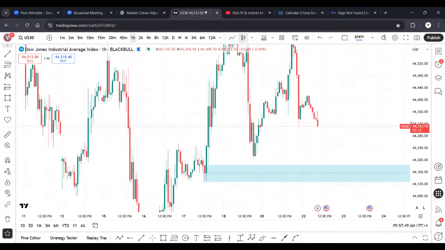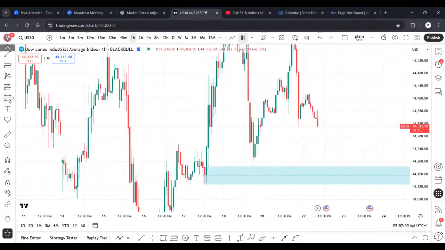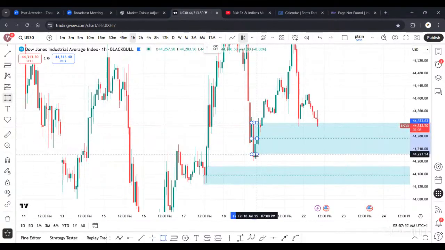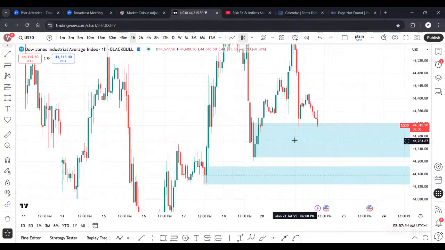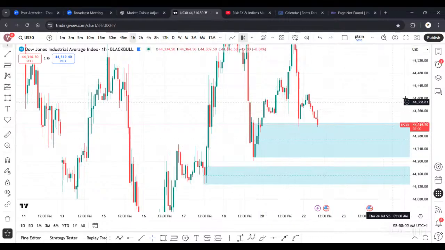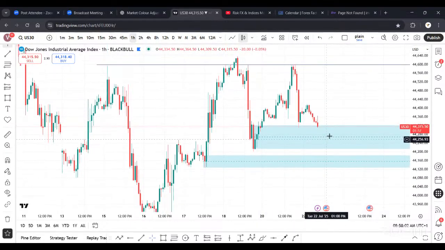I will be watching out for this, and even this entire zone, right? If for any reason price does not break, we don't see a violation of this order block before New York markets open, then we should see that rally significantly to the upside, right?